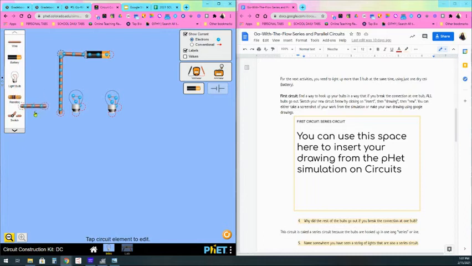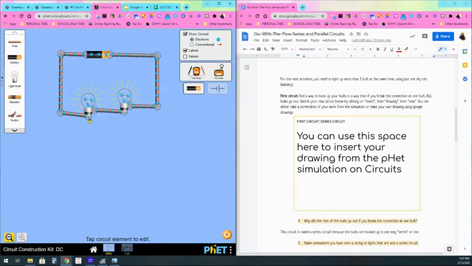And a series circuit has only one path that the electricity can flow. We're going to show that by adding one wire to this side of the terminal of the battery, and then connecting all of these wires so there's only one way the electricity can flow.